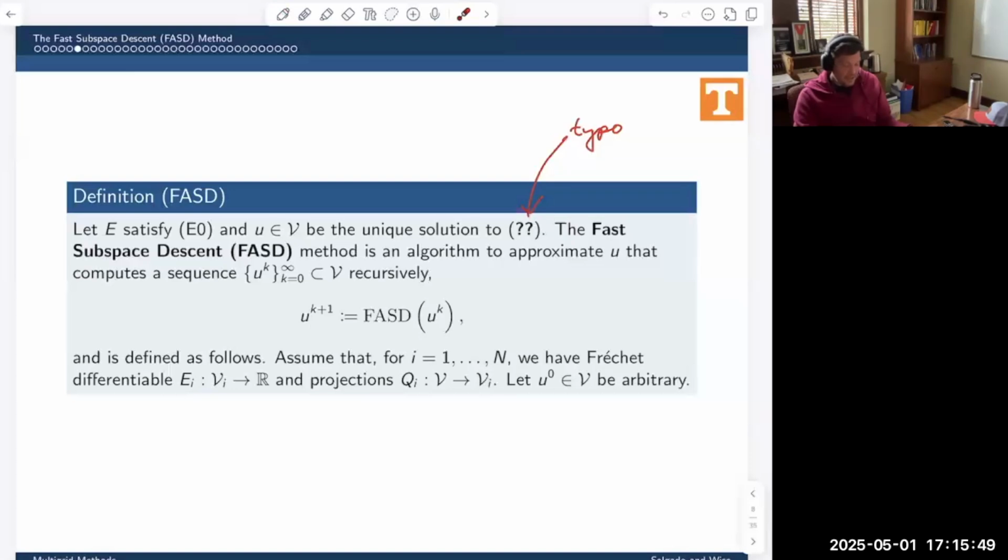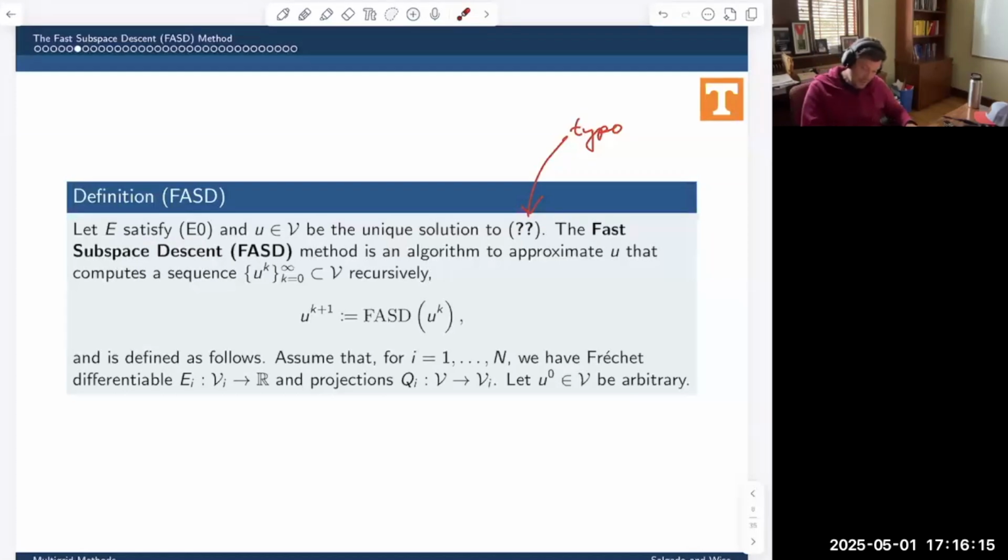So FASD is an iterative method, as FAS is an iterative method, as in all the methods that we've talked about. And it's defined as follows. We're going to assume we have our standard energy E that satisfies our basic assumptions.